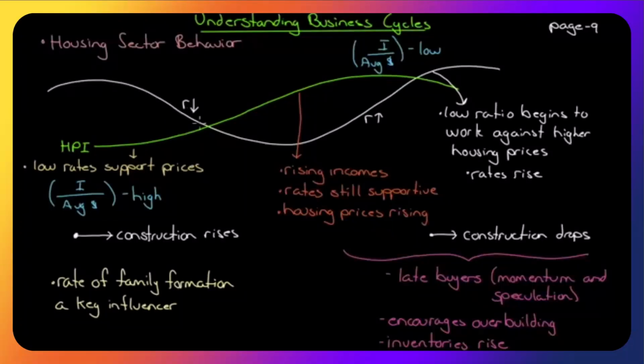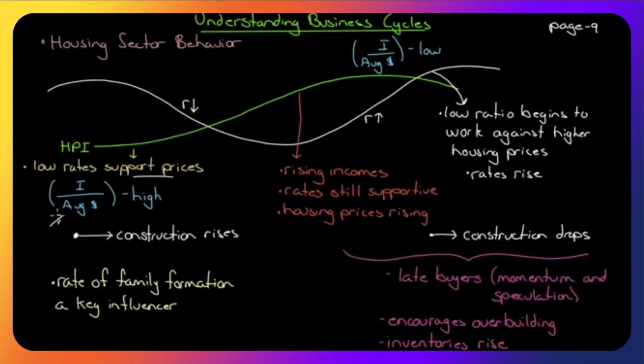So here we are, we have rates that are dropping. Here's our housing price index, and as rates are dropping, it's going to start putting upward pressure on housing. Low rates support prices. This is incomes divided by average home price. Again, if you look at the housing reports, you'll get median home price.